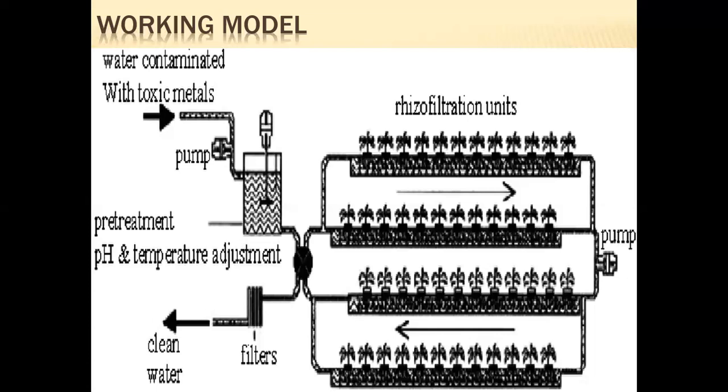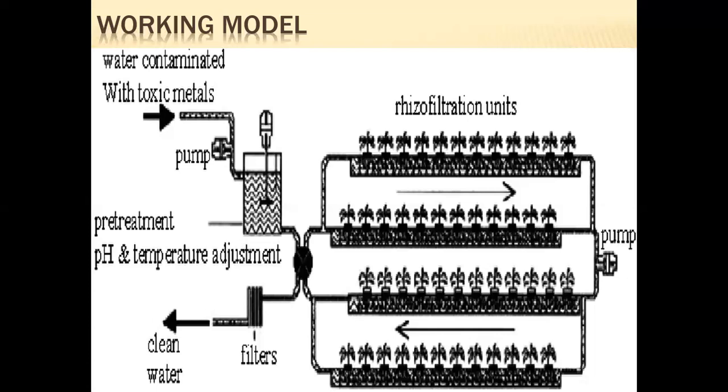First of all, the contaminated water with toxic metal is pumped from the first pump, which is present on the left side, and it moves through all the rhizofiltration units with proper pH and temperature adjustment.